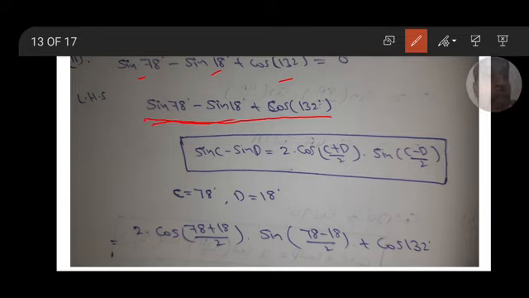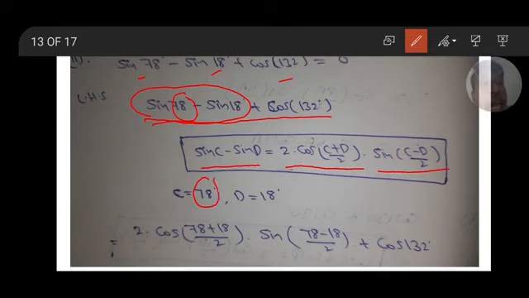I am taking the first two terms, sin 78 minus sin 18, which is of the form sin C minus sin D, that is 2 into cos of (C plus D) by 2 into sin of (C minus D) by 2, where C equals 78 degrees and D equals 18 degrees.